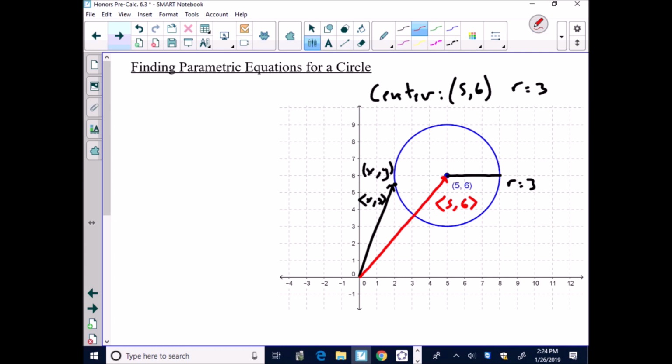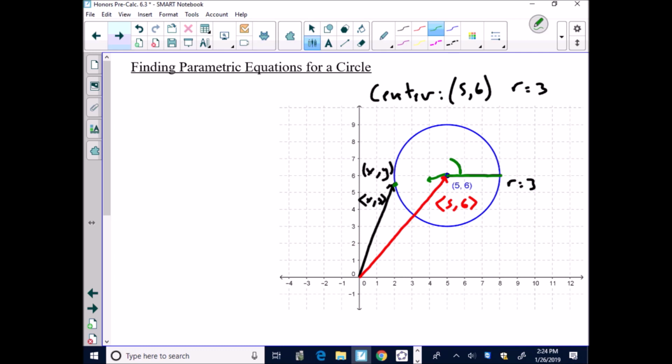And now we're going to say that with a standard position rotation, where this horizontal line represents the x-axis, we're going to be able to have some rotation t that will take us to the direction of that ordered pair on the perimeter of our circle.